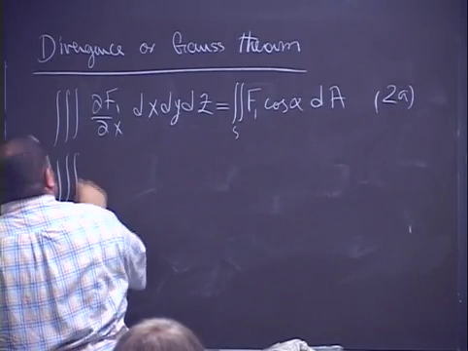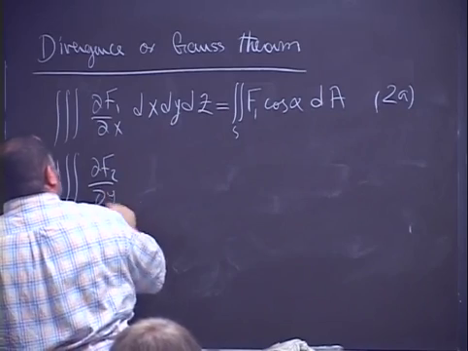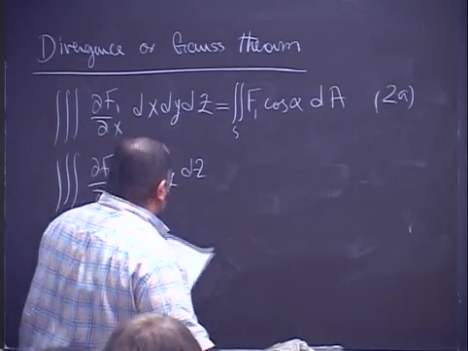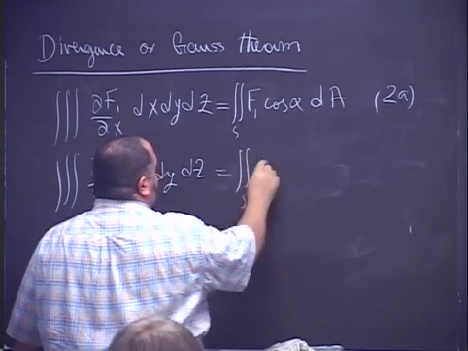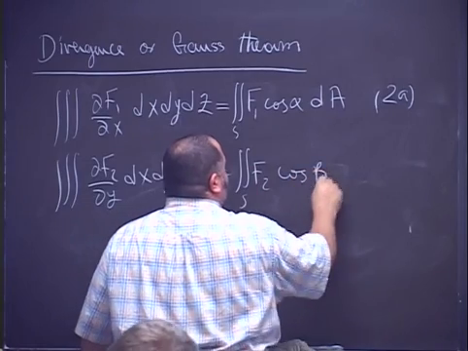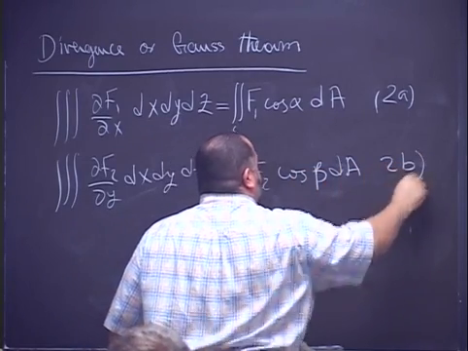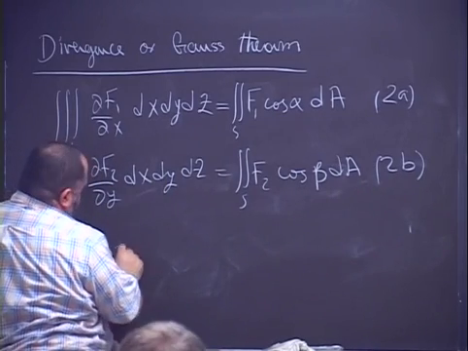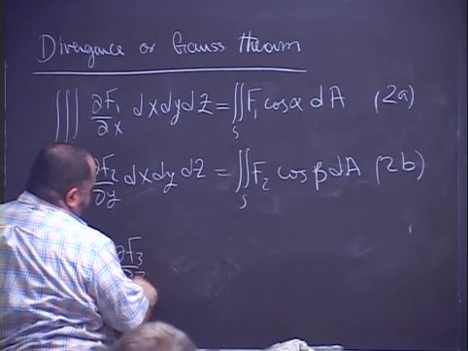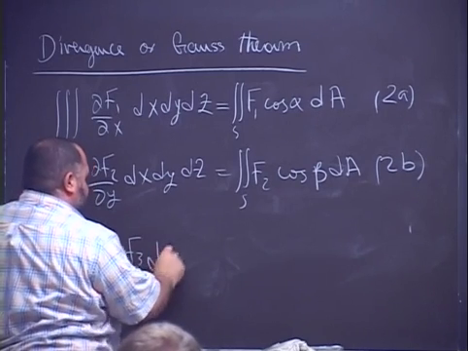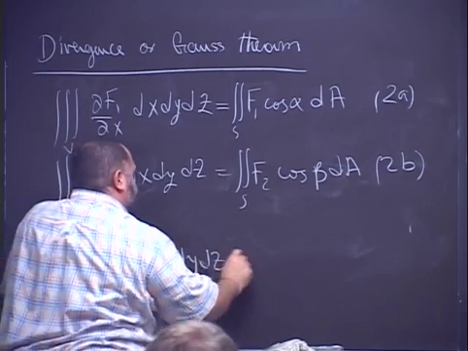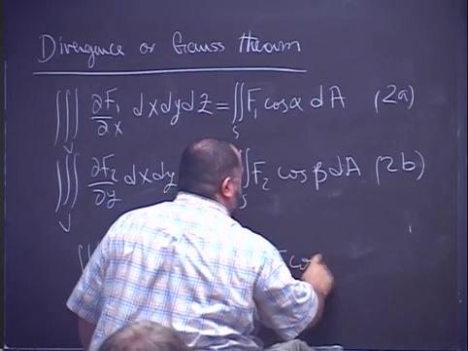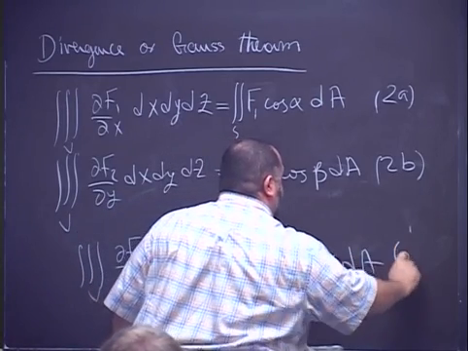And if we can prove that df2 by dy dx dy dz is equal to the surface integral of f2 cosine beta dA, and then df3 by dz dx dy dz for f3 cosine gamma dA.